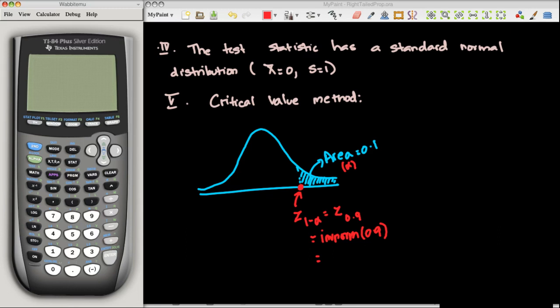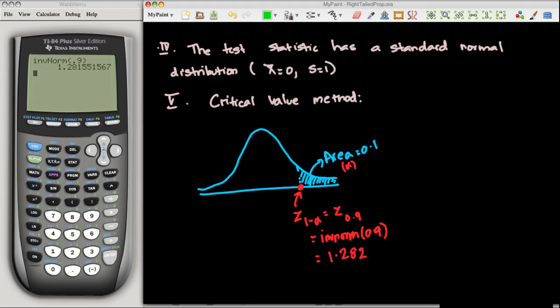So I'm going to do inverse norm 0.9, close paren, enter, and the critical value is 1.282.